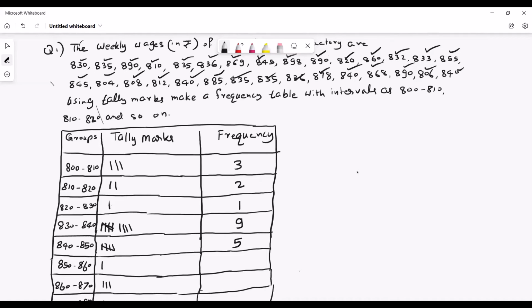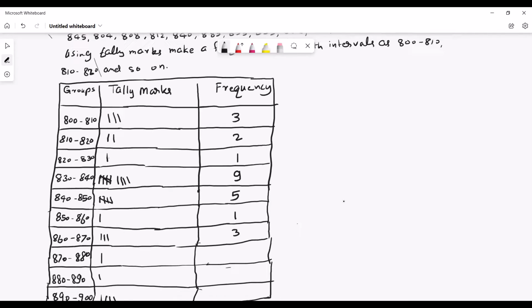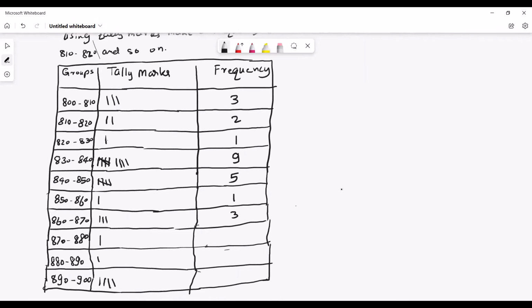And 850 to 860 we are having 1. 860 to 870, 1, 2, 3, we are having 3. And in 870 to 880 we are having only 1, and 880 to 890 also 1, and 890 to 900 we are having 4.